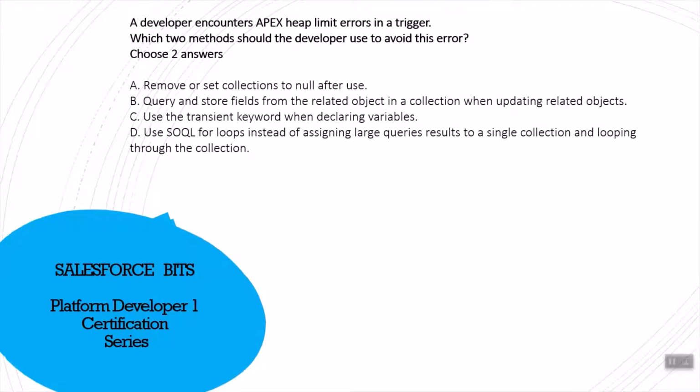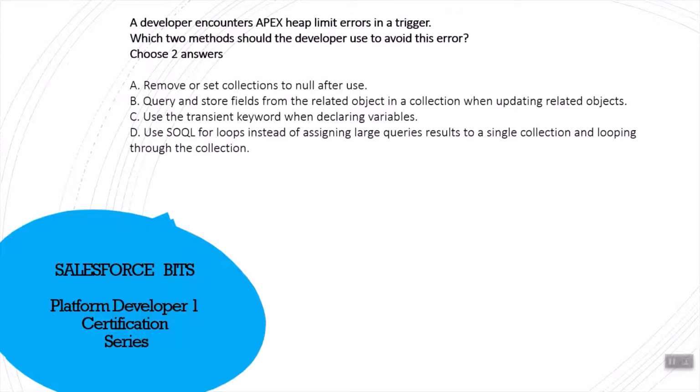A developer encounters Apex heap limit error in a trigger. Which two methods should the developer use to avoid this error? So remove or set collections to null after use. No, I don't think so. Query and store fields from the related object in the collection when updating the related object.